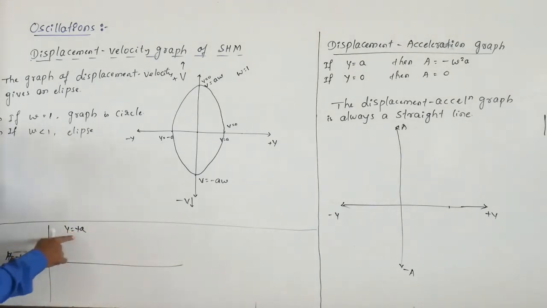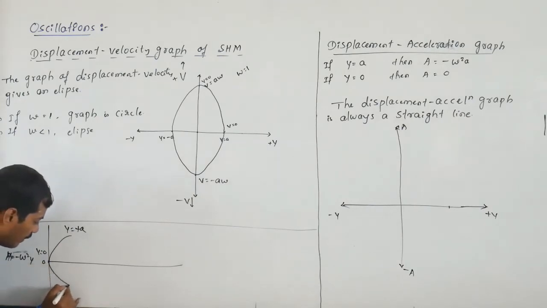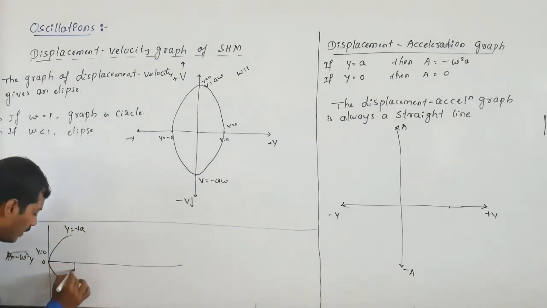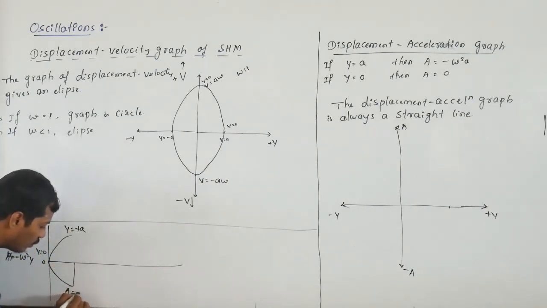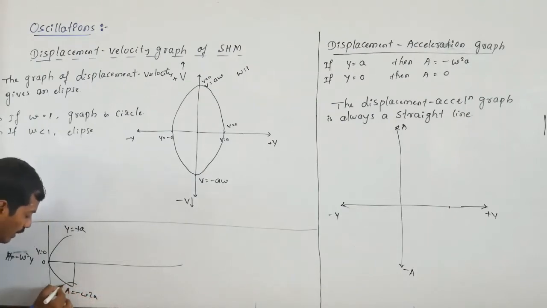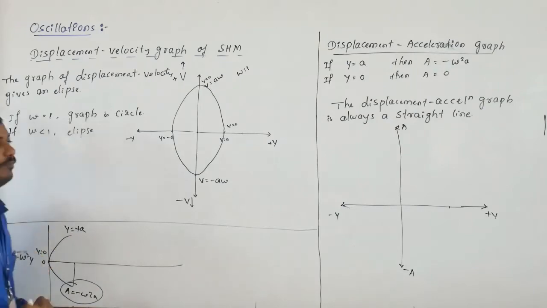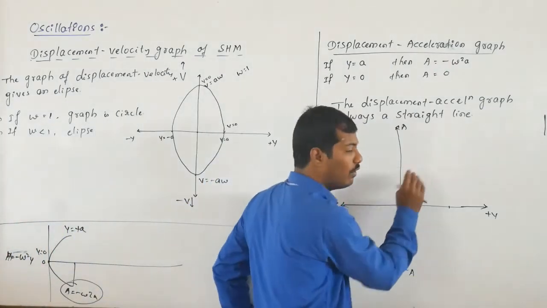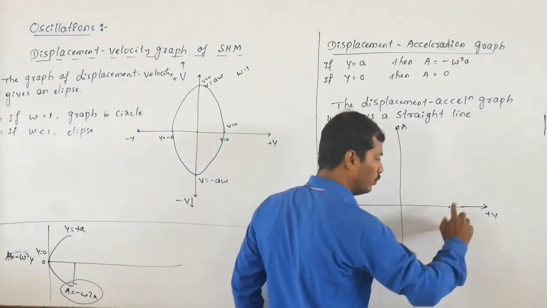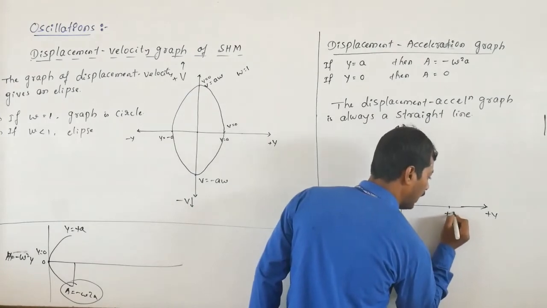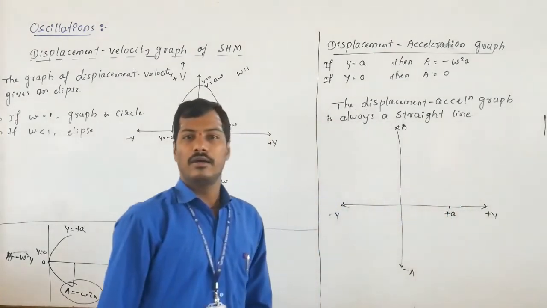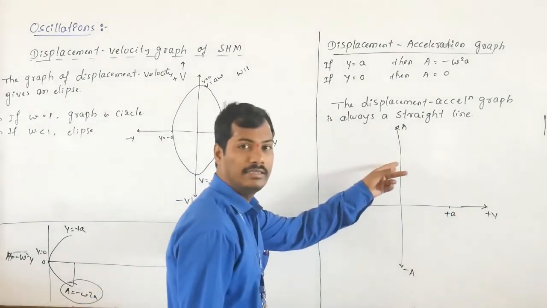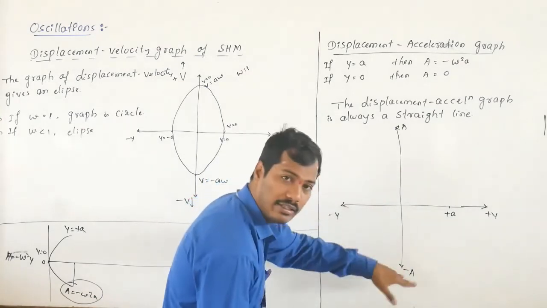Positive, y is equal to a. Then it is minus omega square into a. Here the acceleration is equal to minus omega square into a, because it is negative. It means the y-axis is negative, the x-axis is positive. This is plus a, and the y-axis is negative in this direction.